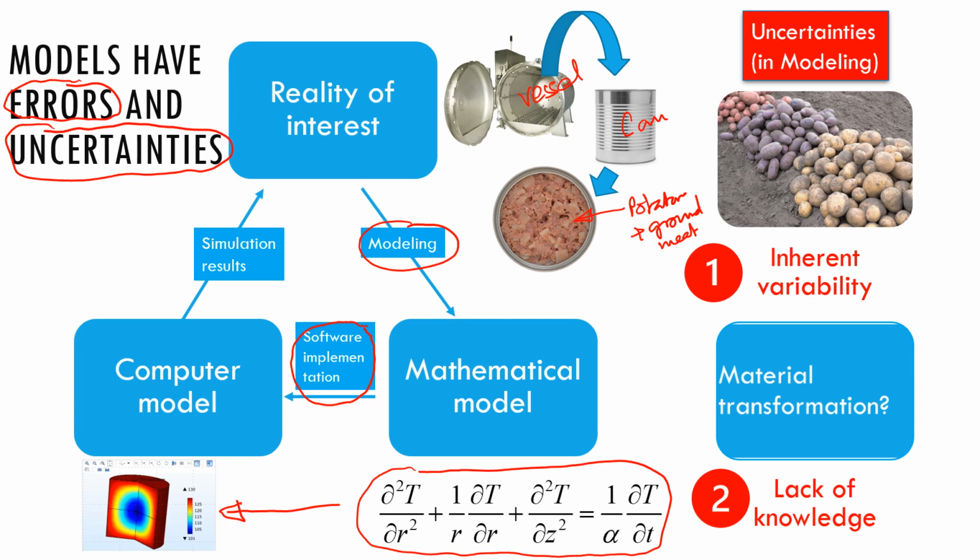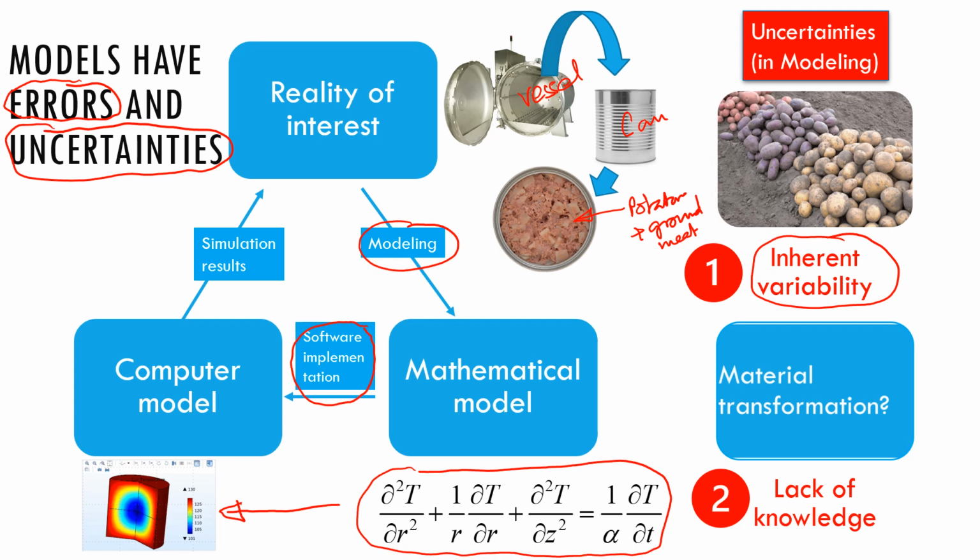So again we make errors. We also have uncertainties due to inherent variability. Let's say in this can we have the potatoes, and the potatoes, depending on the source, can vary in their property. This is inherent biological variability. There's nothing we can do about it.